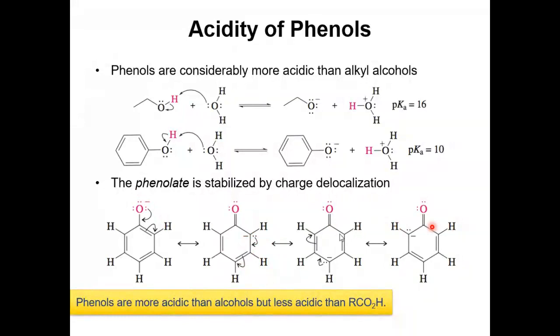Because of this, what you can see in these four resonance forms is that the negative charge is delocalized over four atoms instead of a single atom as in the alkoxide. So the phenoxide as a base is much better stabilized compared to alkoxide because of better electron delocalization. That means phenoxides are generally much weaker bases. If a base is better stabilized, it is a weaker base.